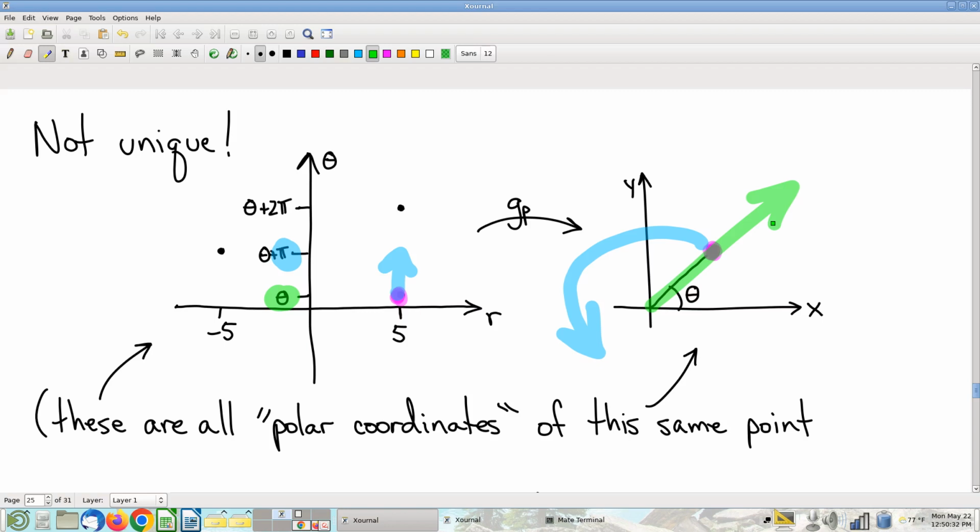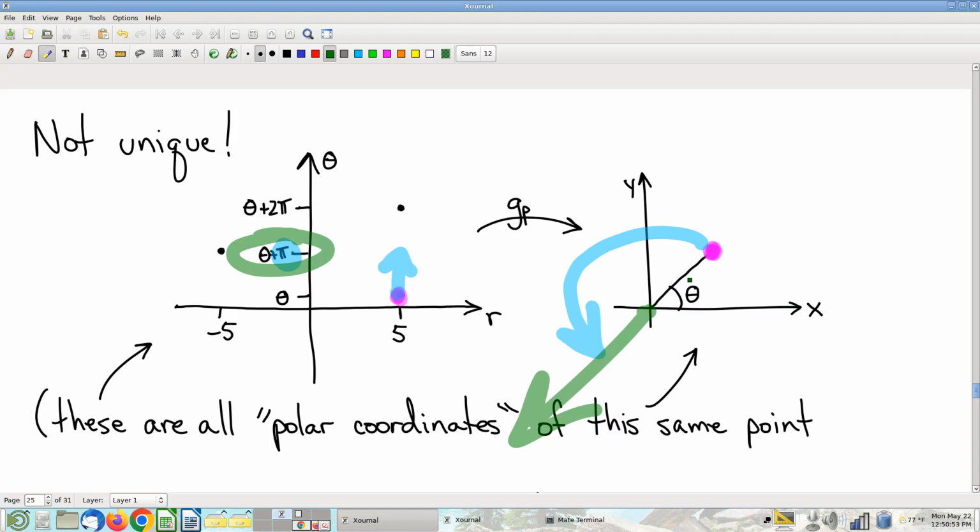And if I add pi, let's see here. I guess I'll use dark green. Angle now being theta plus pi. I claim I can get to that purple point with this dark green direction.